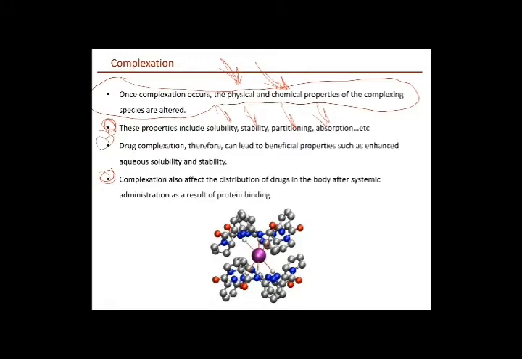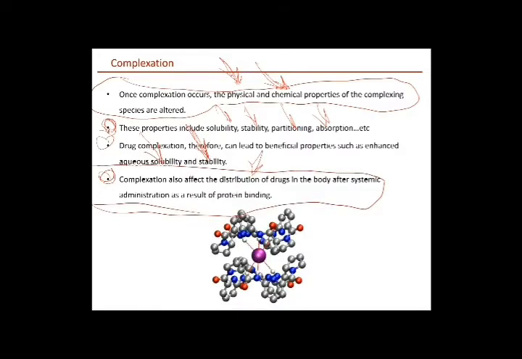So in points concerning solubility and stability, we can improve solubility of certain drugs by making them complexes. We can improve stability of certain drugs or chemical entities by making them complexes. It can also affect distribution of drugs within the body, which we will talk about in a little bit more detail in next slides.